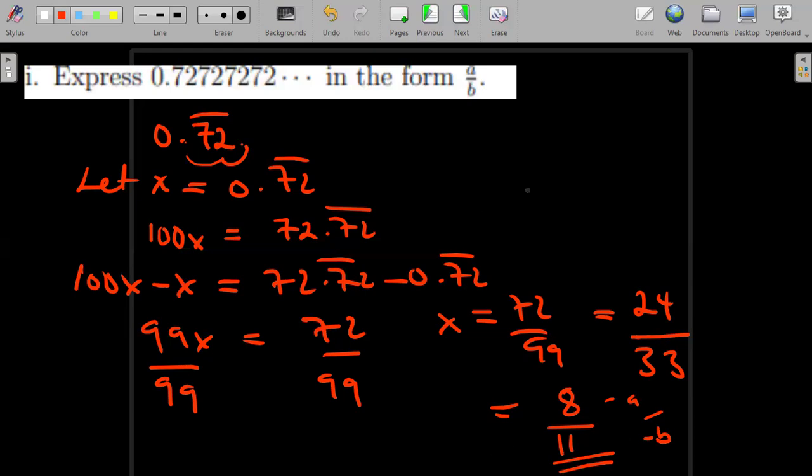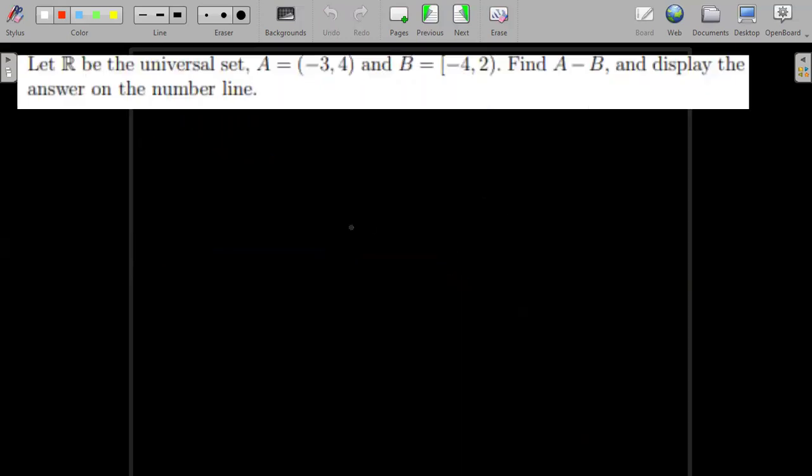Okay. Then move on to the next question, which is the last question for part 1. Then the question reads, let R be the universal set where you have A as this and B as that. Then they're telling you to find A minus B and display on the number line. So how are we going to do that?